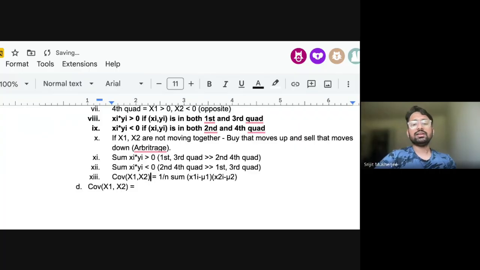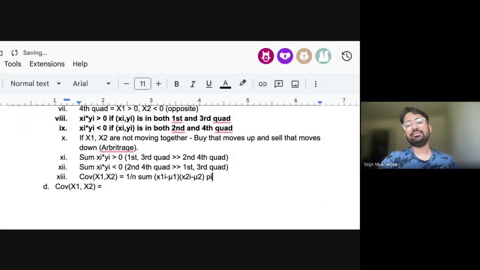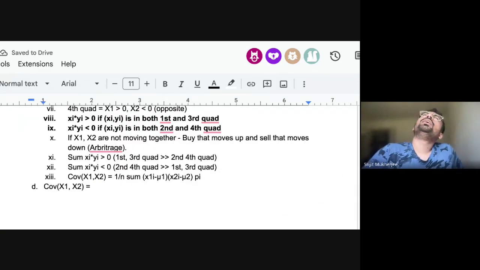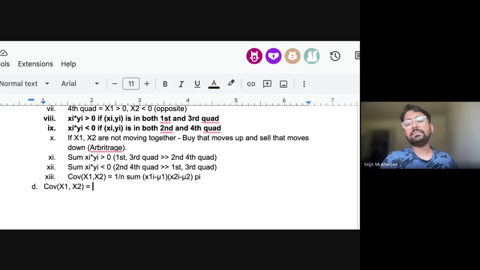But again, the proper definition is this. Now we need to bring in pi, the probability, because both of them have different probabilities. Understand that?